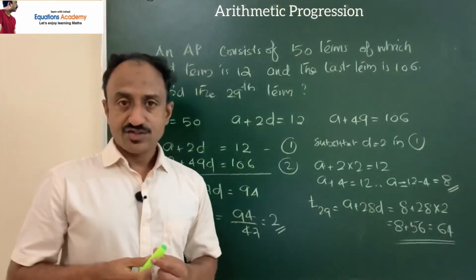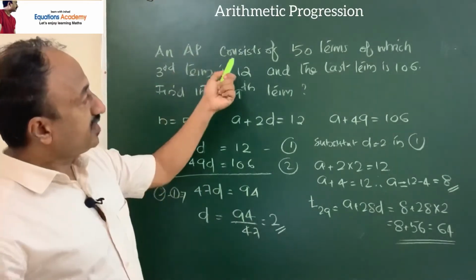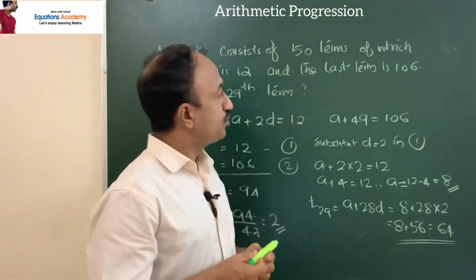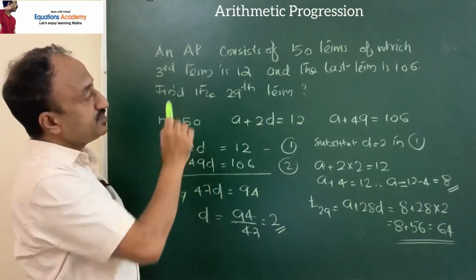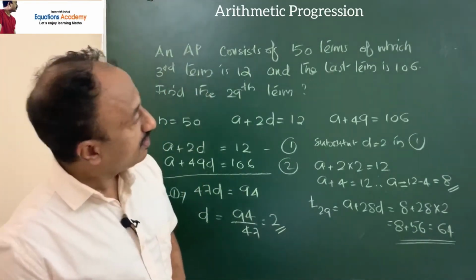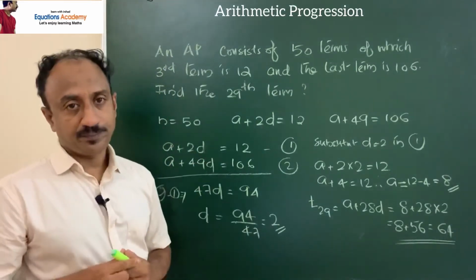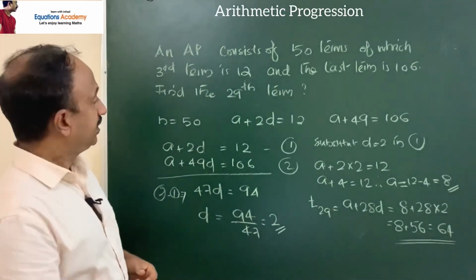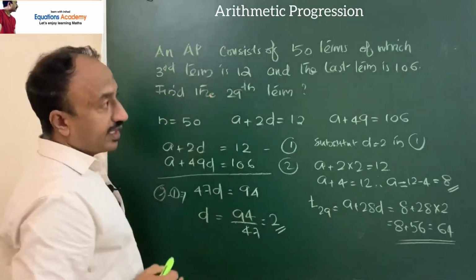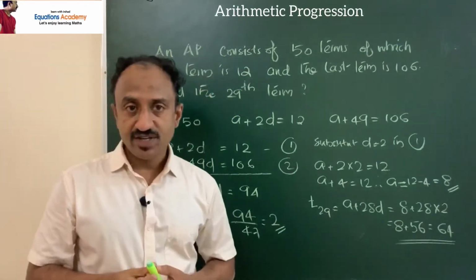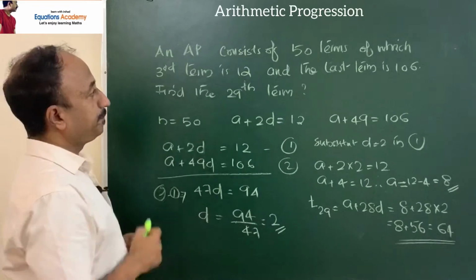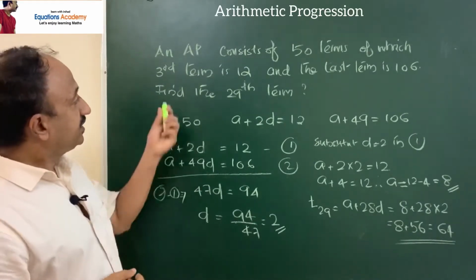Clear? Next question. An AP consists of 50 terms, of which third term is 12 and the last term is 106. Find the 29th term. We are given an AP consists of 50 terms. That means n equal to 50. Third term is 12.